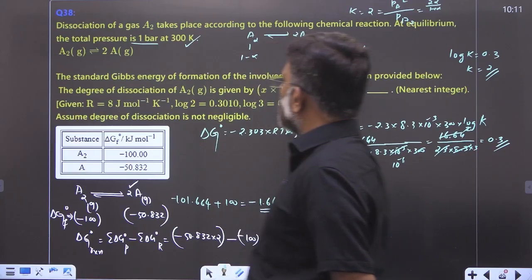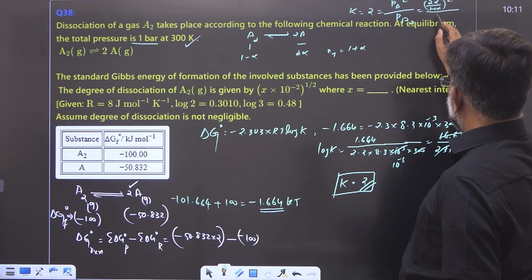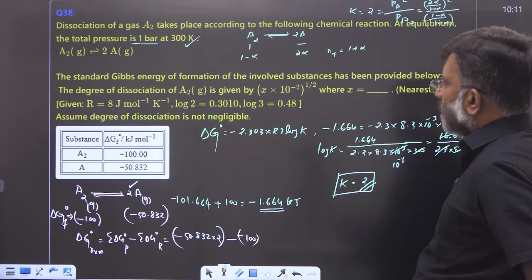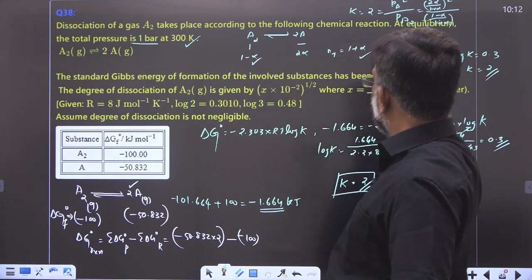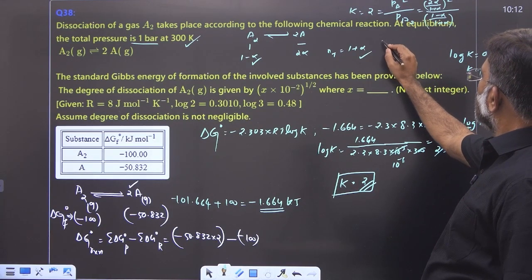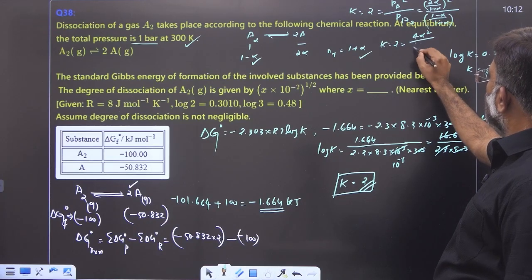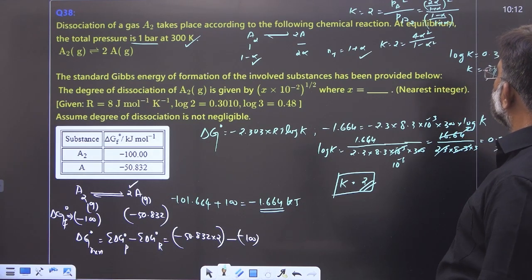Total pressure is 1 bar, so need not give. Whole square divided by 1 minus alpha by 1 plus alpha. So you get K equal to 2 equal to 4 alpha square by 1 minus alpha square.